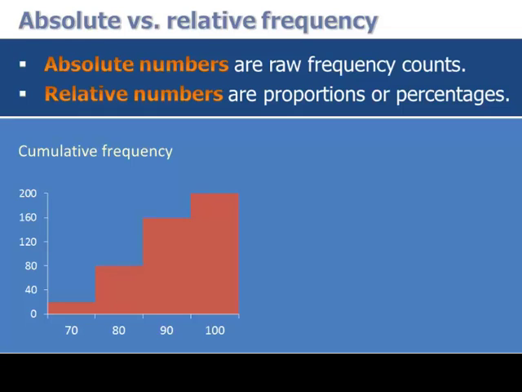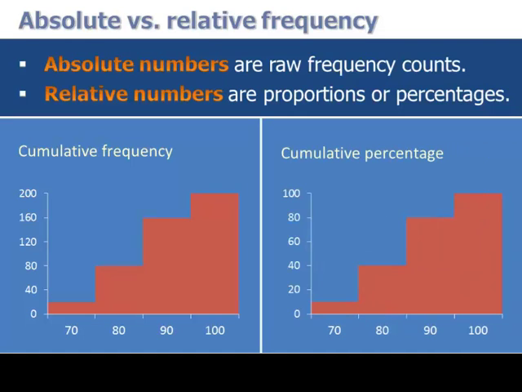This chart uses absolute numbers on the y-axis, raw frequency counts to show the distribution of test scores among 200 students. However, we could have used relative numbers, like percentages, to describe the same test results.